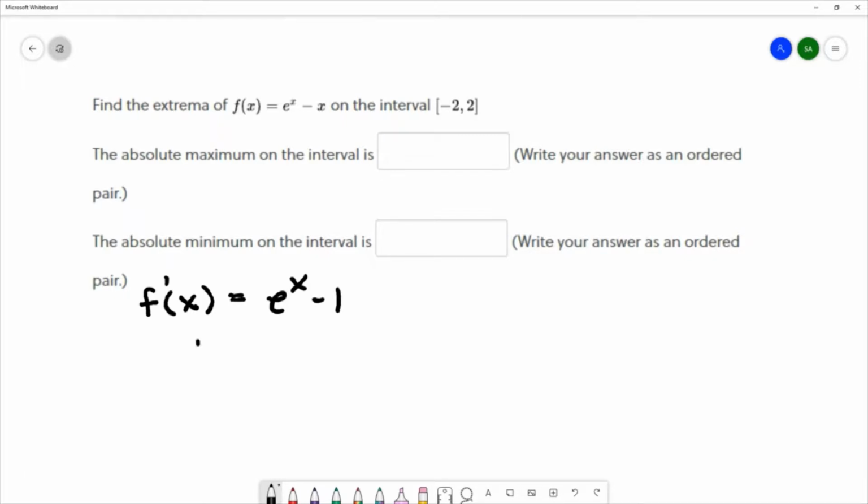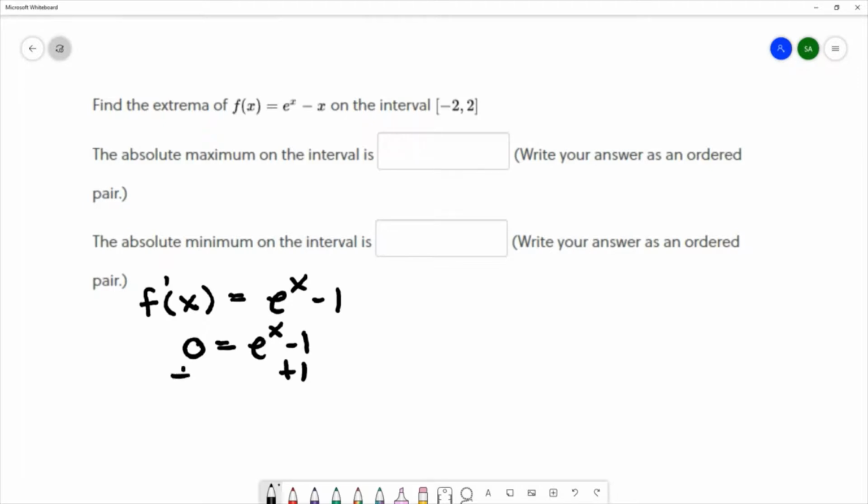And we'll find the critical numbers by finding where this derivative is equal to 0 or undefined. Since the domain is from -infinity to infinity, it doesn't have any undefined spots.